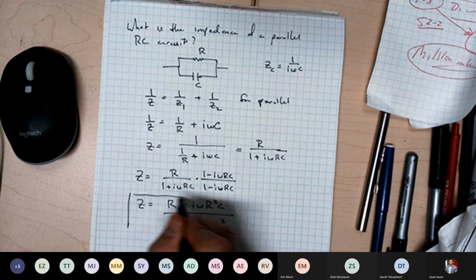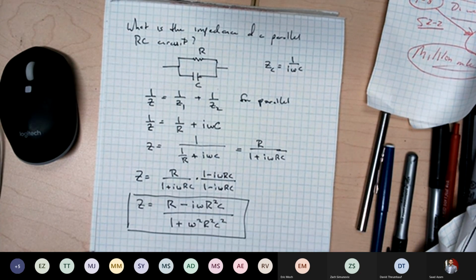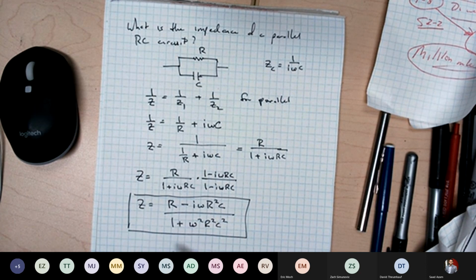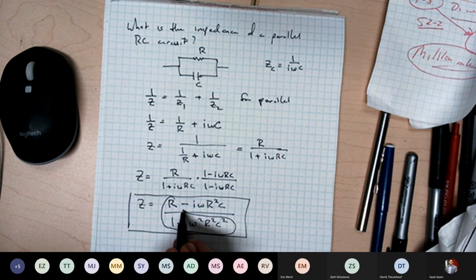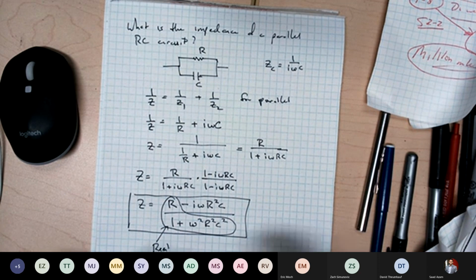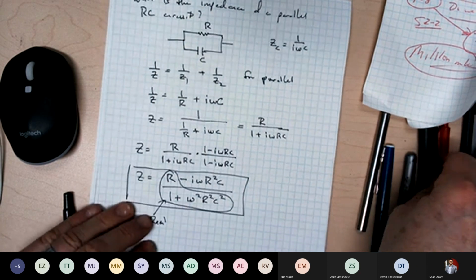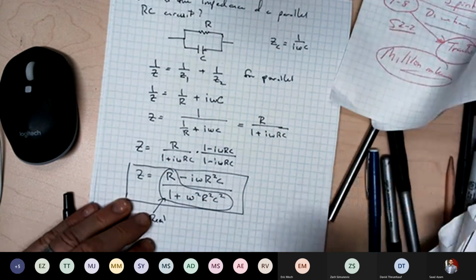And that is the impedance of a parallel RC circuit as a function of frequency. So it has a real part, which I'll circle in black. That's the real part. And it has an imaginary part that I'll circle in red.